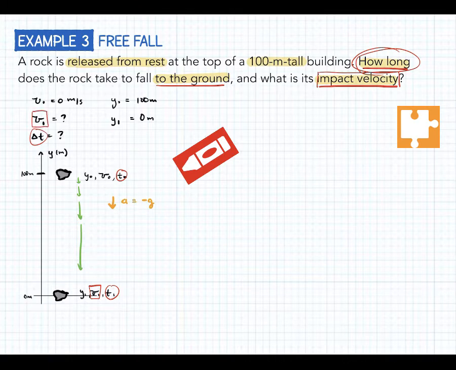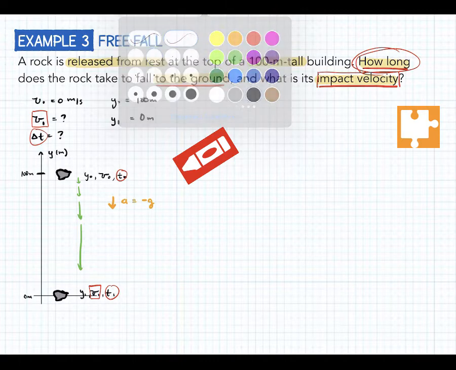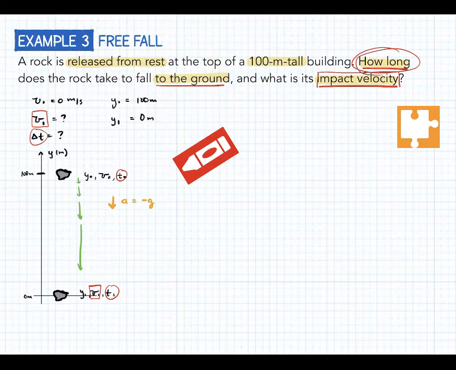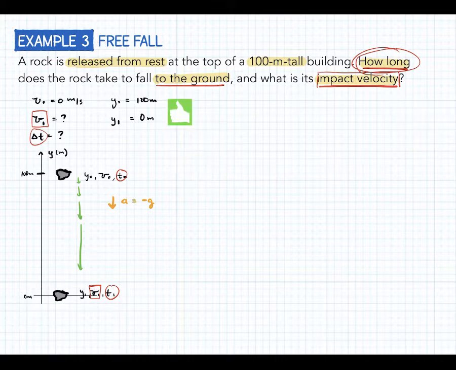Okay, so the first thing we want to do is make a prediction so that we know if we have a reasonable answer. And so as far as time to get to the ground, if you're dropping something off a 100-meter tall building, it's not going to take a long time. It's not going to be 10 minutes to get to the ground, so definitely less than a minute, probably only a few seconds.